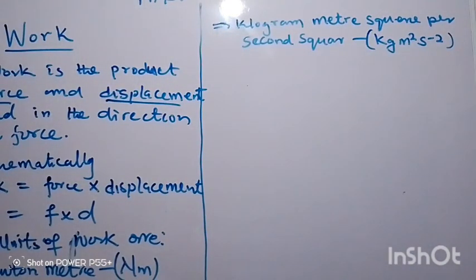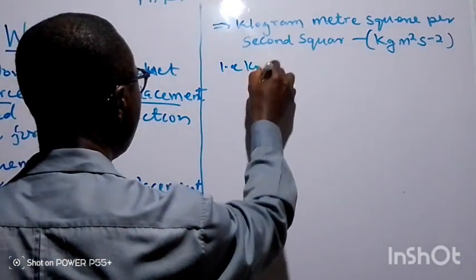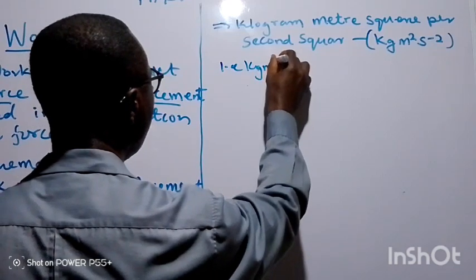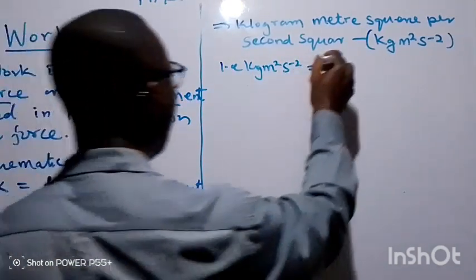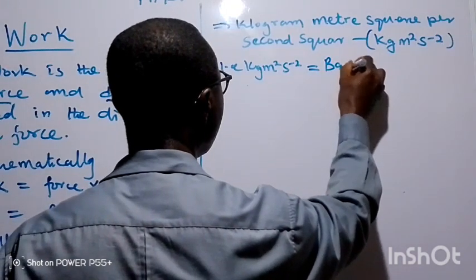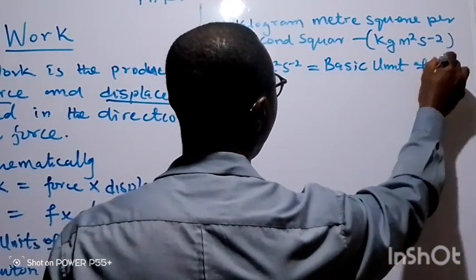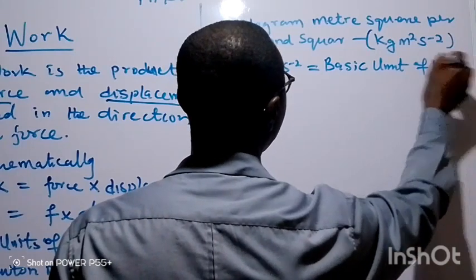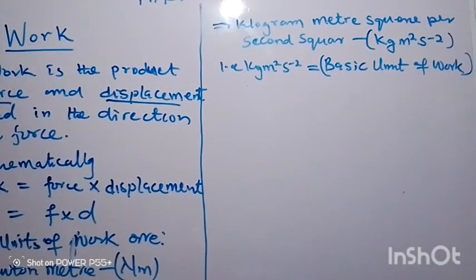And this second unit, kilogram meter square per second square, is what we call the basic unit of work. Why is it the basic unit?